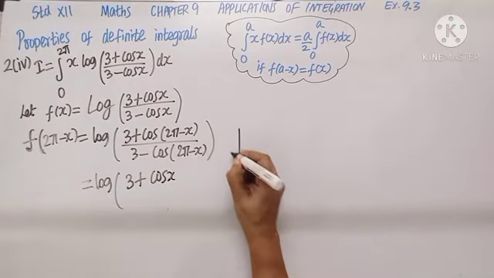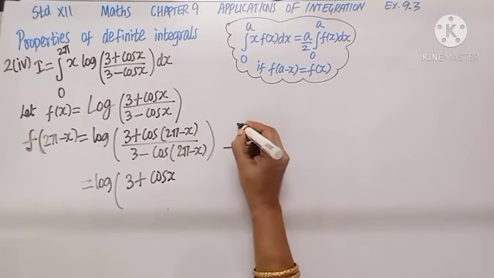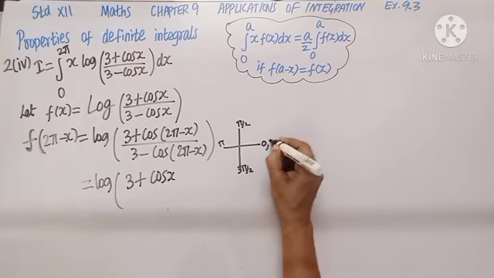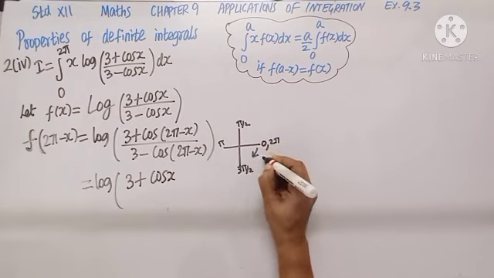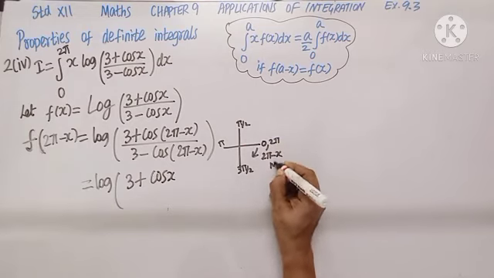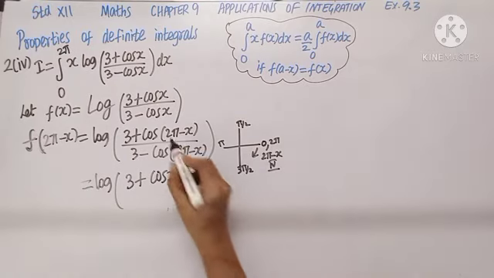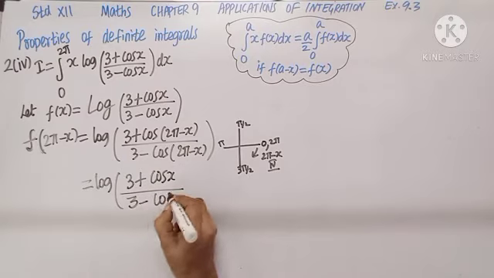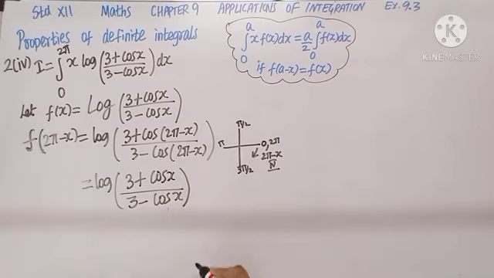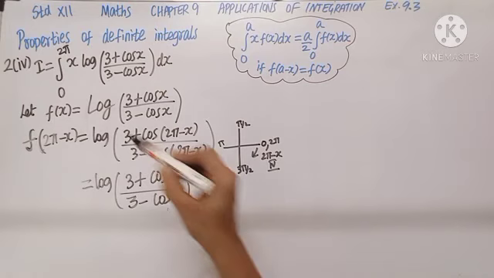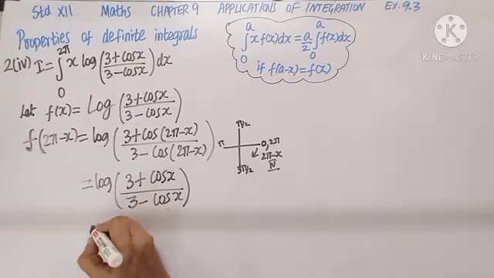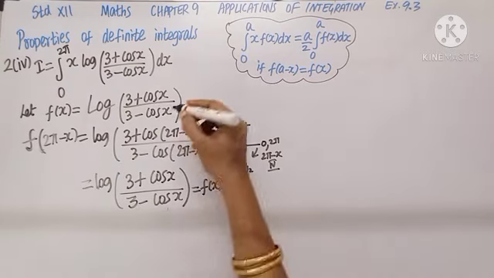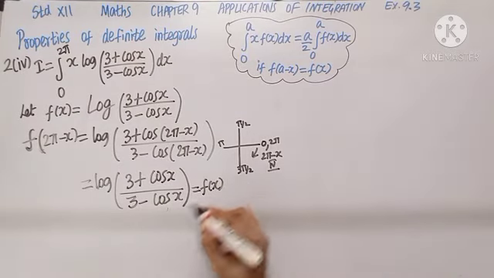In fourth quadrant, this is 0, pi by 2, pi, 3 pi by 2, 2 pi, and this is 2 pi minus x, that is fourth quadrant. I get cos x as it is. Denominator, the same idea, it is again cos x only. So, f of x and f of 2 pi minus x are equal. Check this condition, it is done.